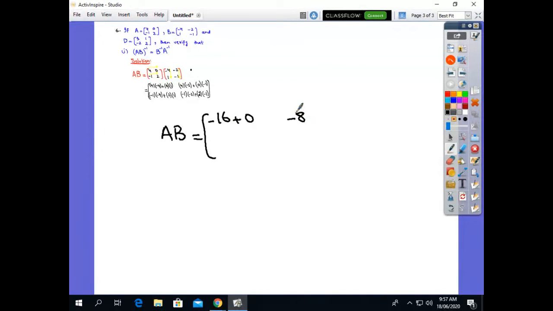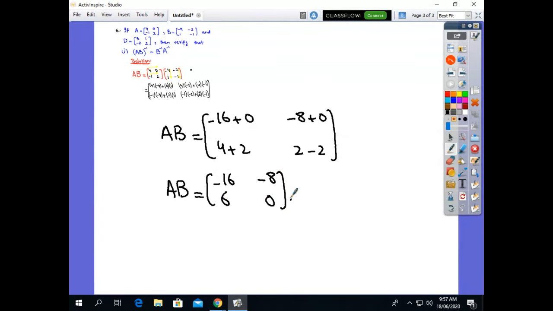Similarly, negative 8 plus 0, 4 plus 2 and 2 plus negative 2. After simplification, we have negative 16, negative 8, 6 and 0.